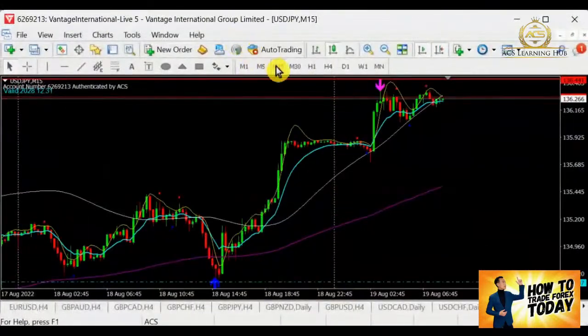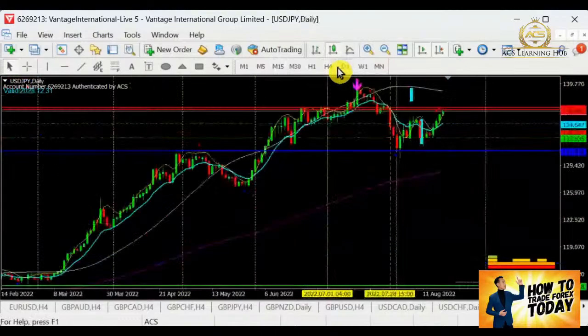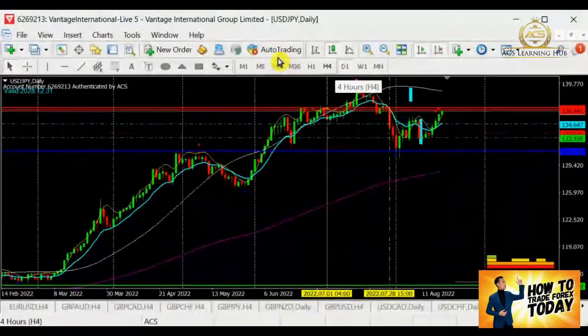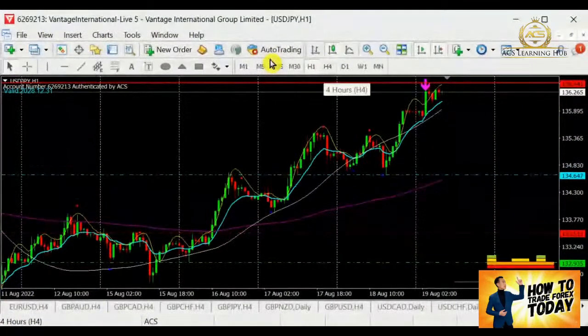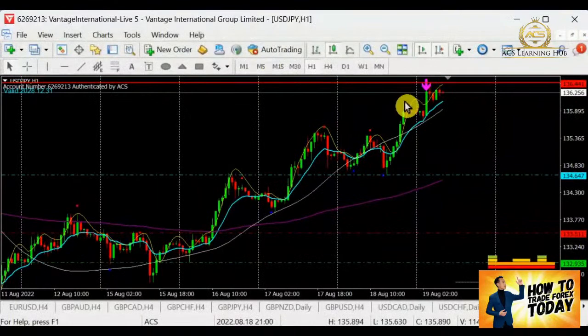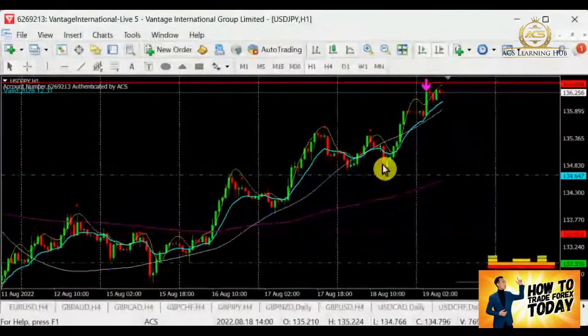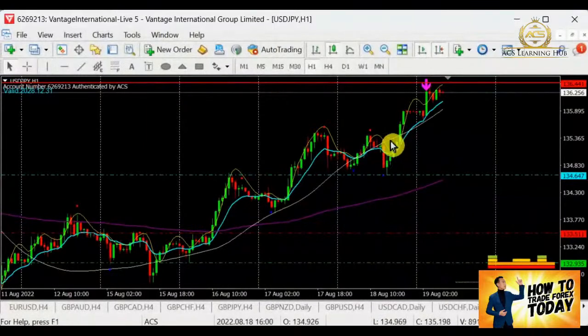Dollar yen is still escalating upwards. Yesterday we were talking about dollar yen hovering around, and then it started to swing down and push up very high.